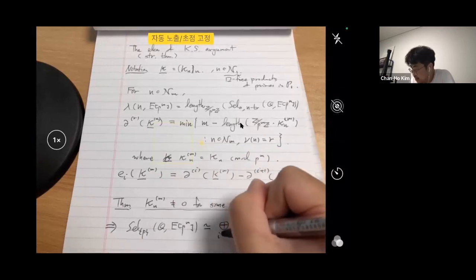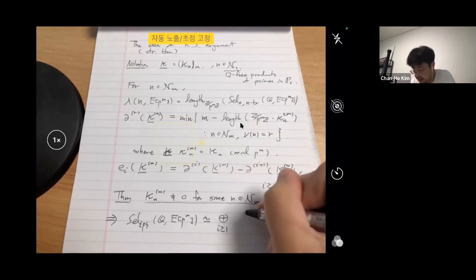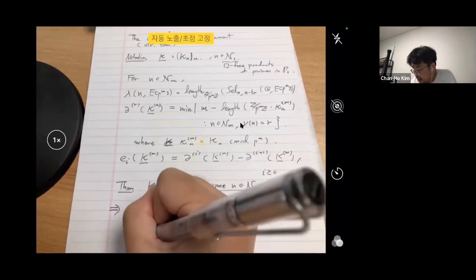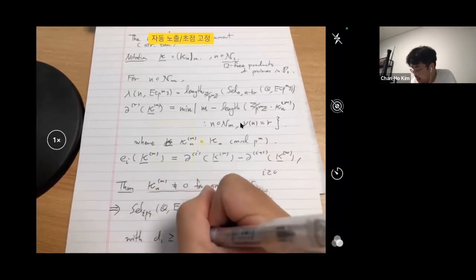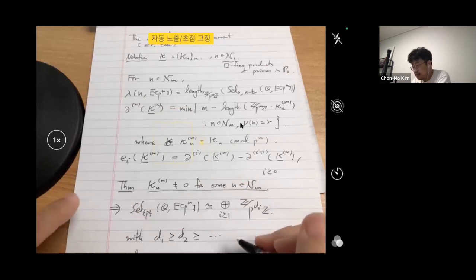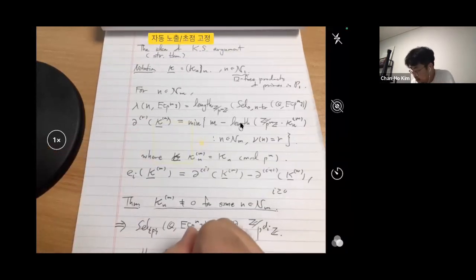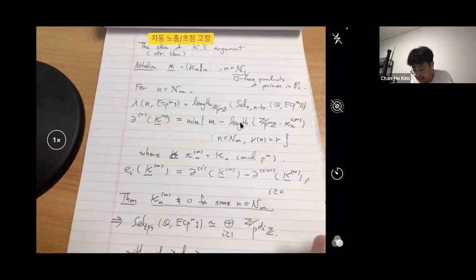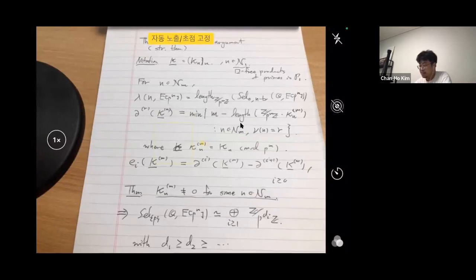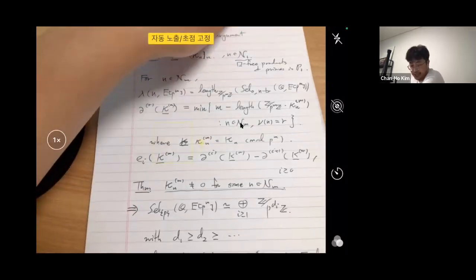So I runs over 1, 2, and Z modulo p to the d_i Z, with d_i's decreasing, and this number, partial r kappa m, is equal to the minimum of m, or j plus the sum of d_i, and i is bigger than r, where I need to specify j.